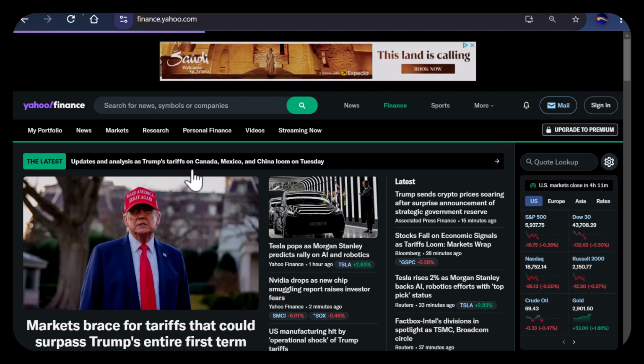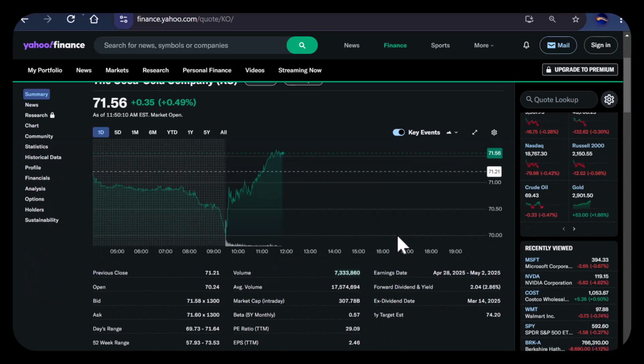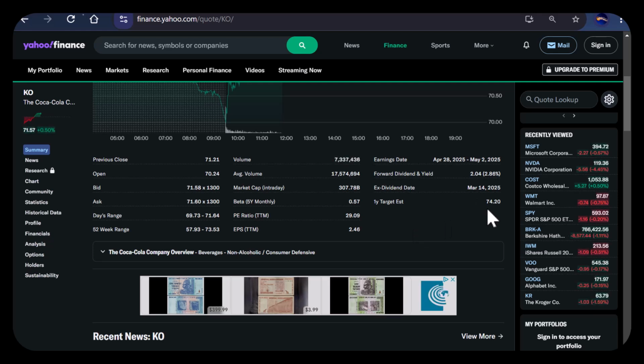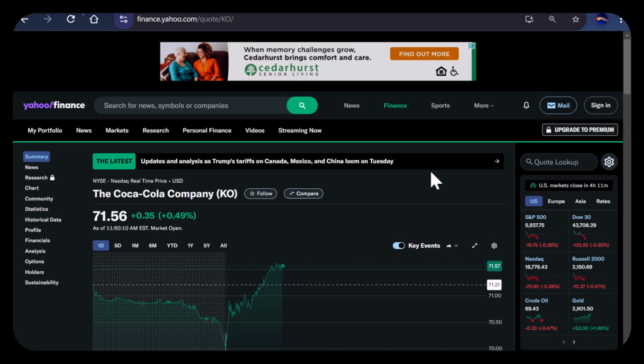Since I didn't bring my internet thingy, I'm working on the Wi-Fi. Okay. And the expected dividend for Coke for next year is $2.04. Okay. And the current price is $71.56.